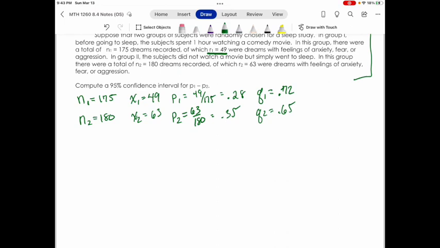Now, when we look at setting up confidence intervals for proportions, typically we want to use the normal distribution to estimate, but we first have to verify that the sample sizes are big enough.